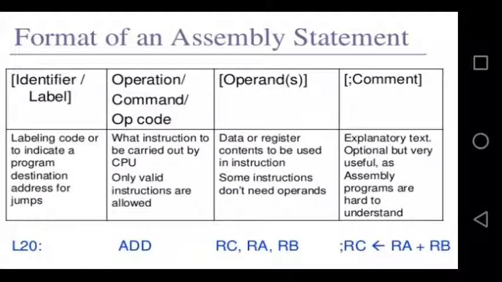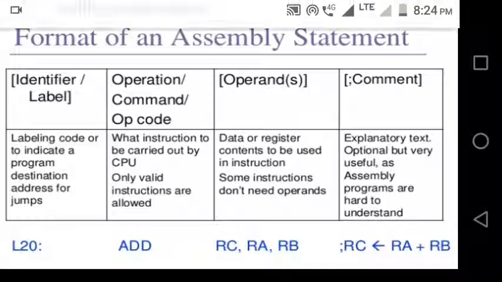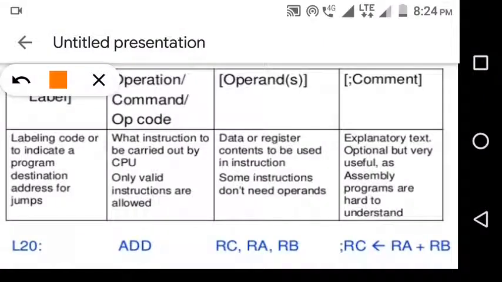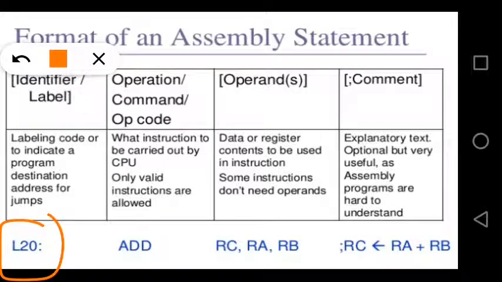So this is about the format of an assembly statement. But one thing we missed is the label. This is called a label, also called an identifier.